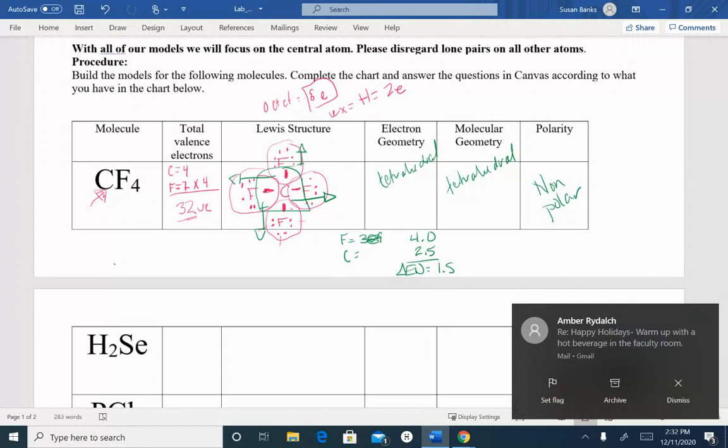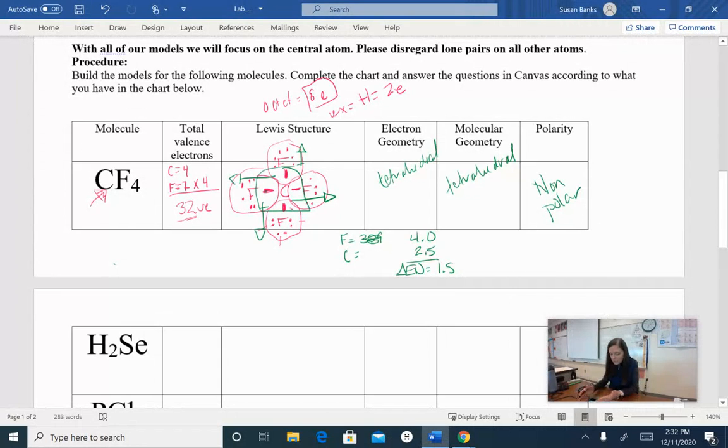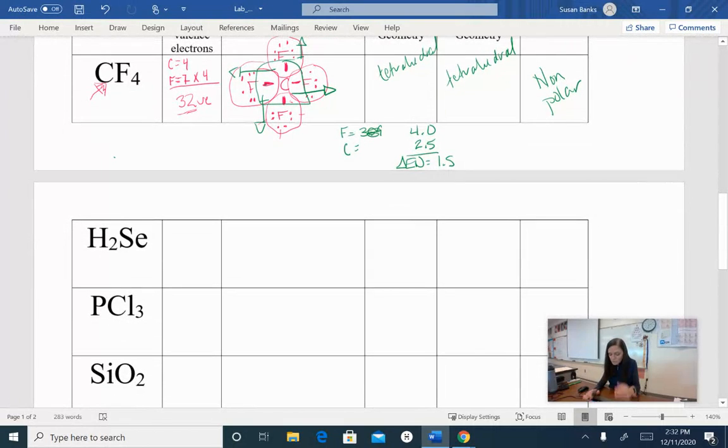So you're going to do this with each of these molecules. You're going to figure out the Lewis structure. You're going to build it in that PhET simulation. Get me the shape for both the electron and the molecular geometries. And then look at those dipoles over that three-dimensional shape. See if those dipoles cancel.